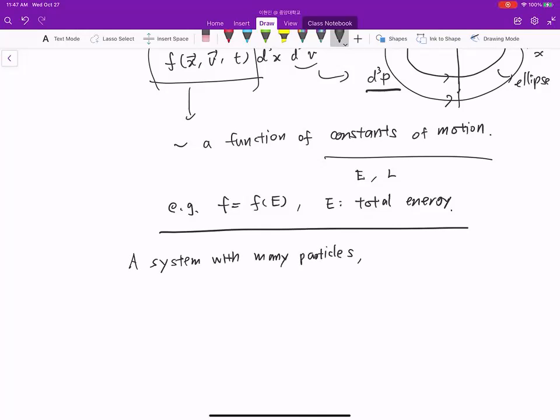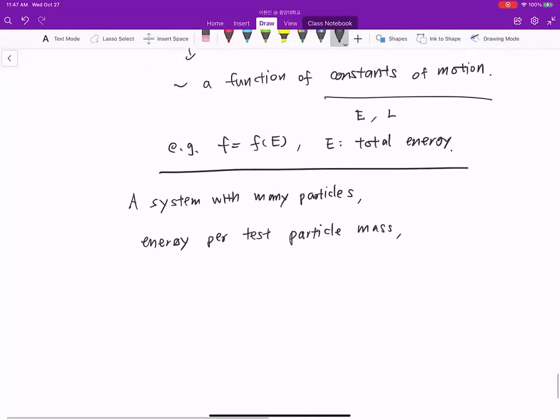So instead of defining the total energy, let me define the energy per test particle mass. You can add one more particle in the system, and then how does this particle behave in the presence of many particles.